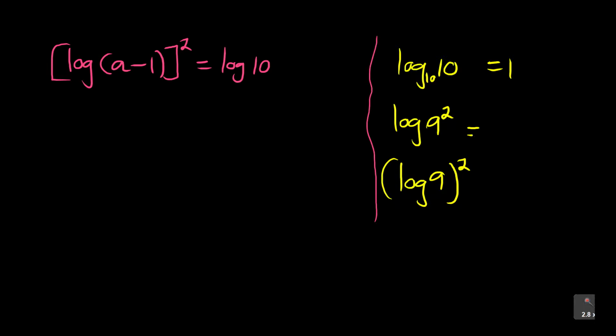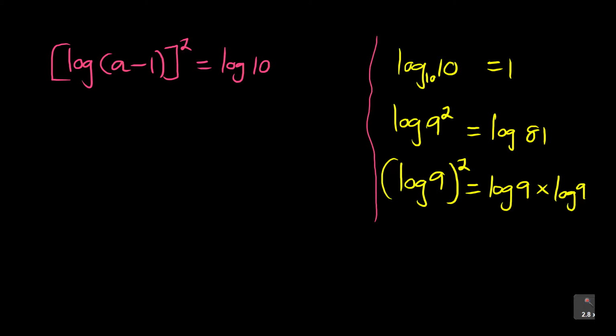These mean two different things. The first one means log 9 squared, which is 81. But the second one is the same as saying log 9 times twice. The bracket is 2 of these log 9.